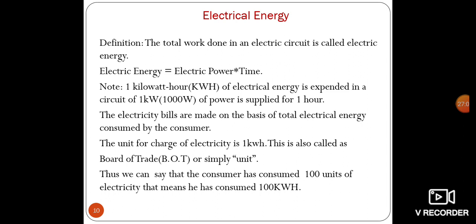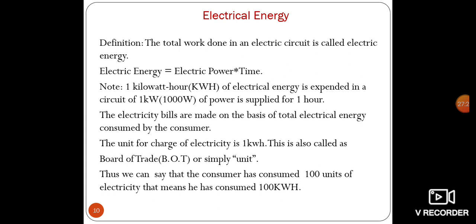So we can summarize that the flow of electrons is the main reason for current. Whenever there is flow of electrons, the rate of flow of electrons is called current. Also we have understood about potential difference.